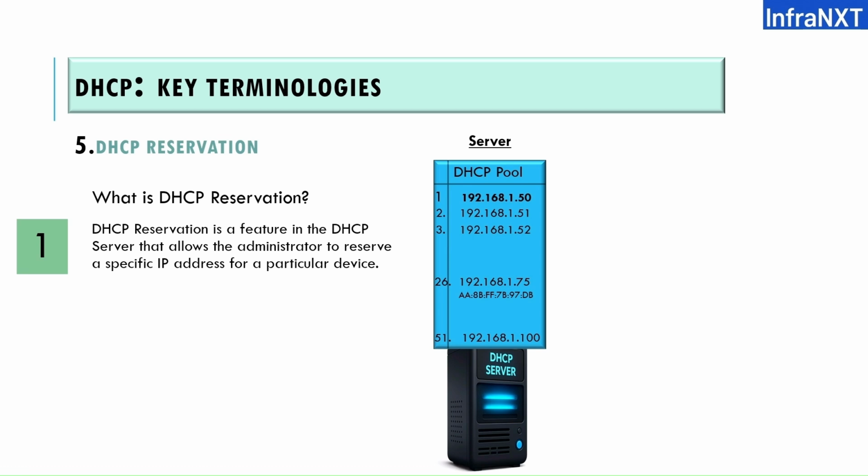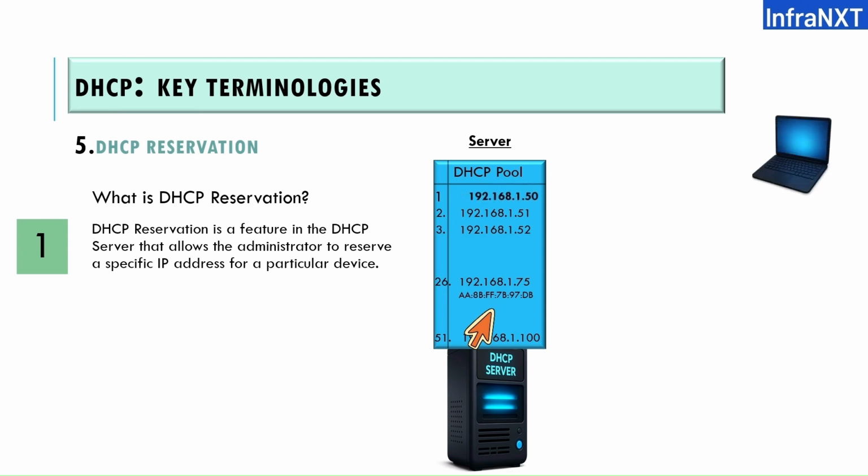Here in our example, a DHCP server has a pool starting from 192.168.1.50 to 1.100. All the IP addresses are shown here without any reservation except 192.168.1.75. It is bound to the MAC address of a device.